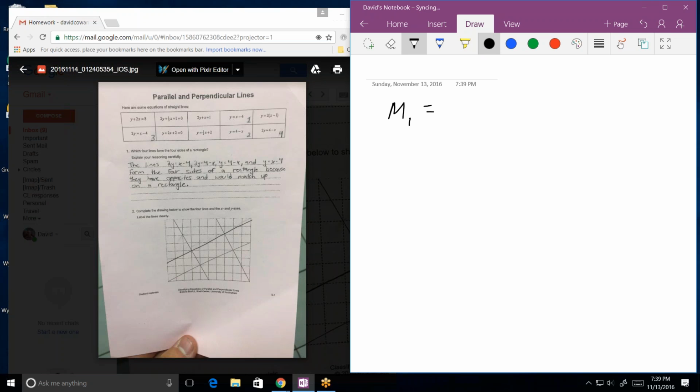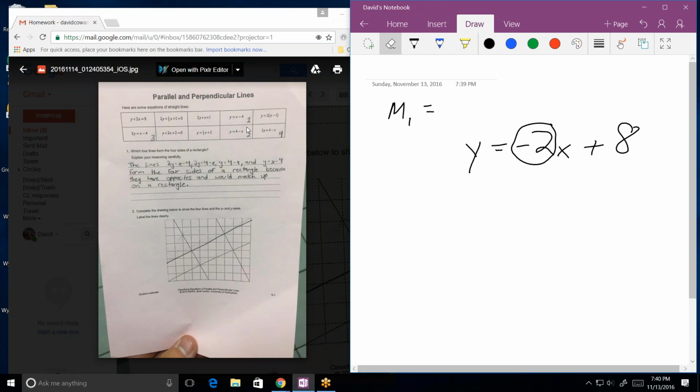Put it into y equals mx plus b format, and what is m? Negative 2. I have to move that on the other side of the equation, so it's going to be y equals negative 2x plus 8. Well, that's the slope, negative 2.